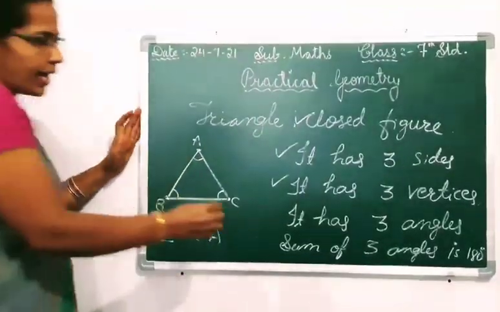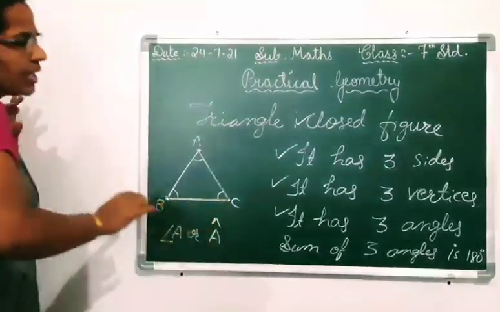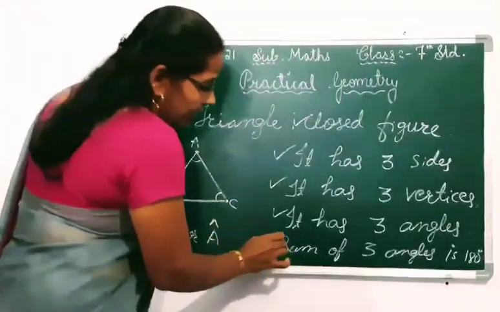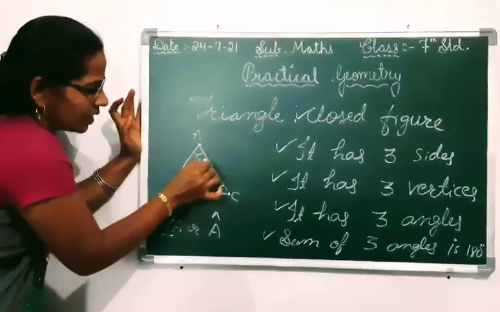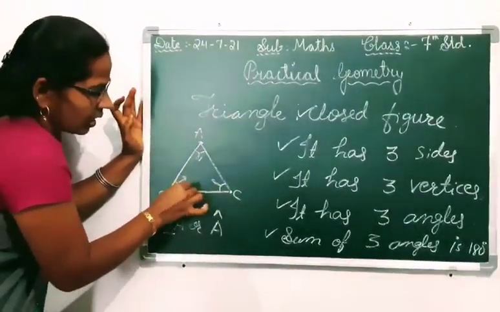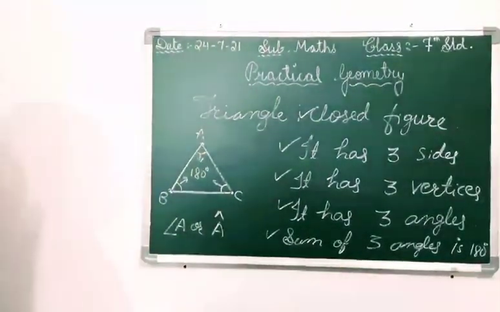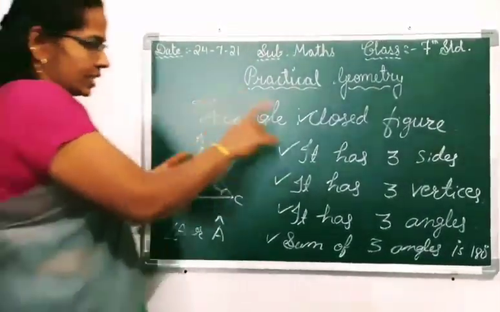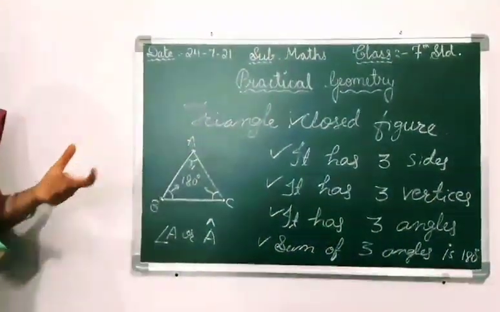How many angles are there? 3 angles: A, B and C. The sum of these 3 angles, children, is always equal to 180 degrees. This is about a triangle. Once again, children, what is the meaning of a triangle?